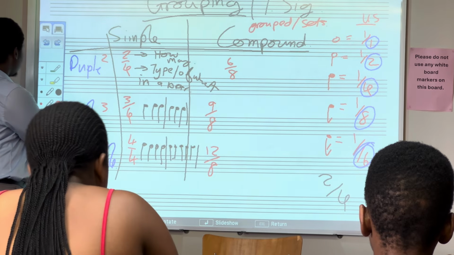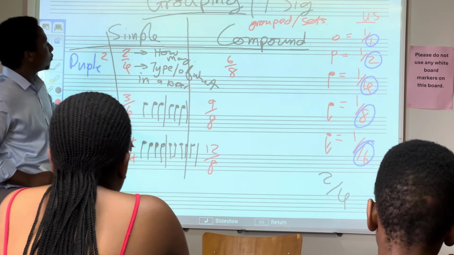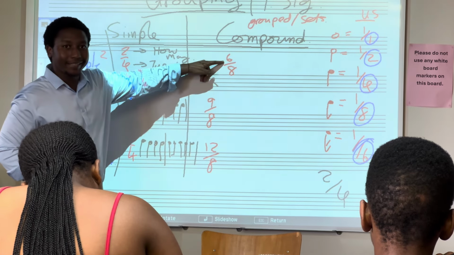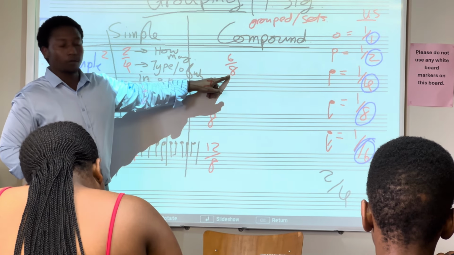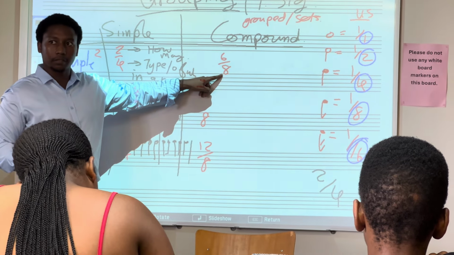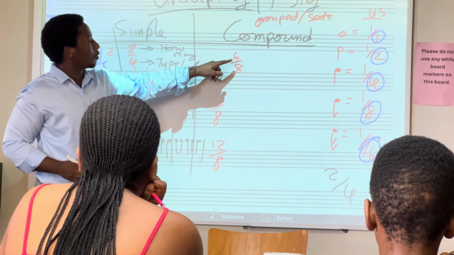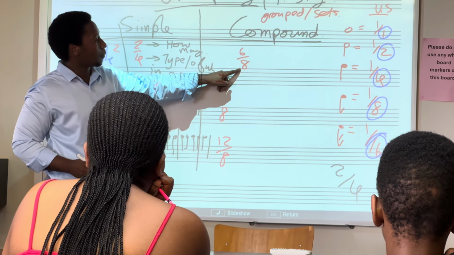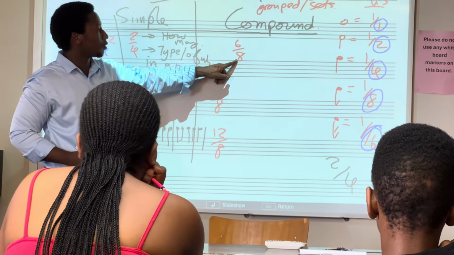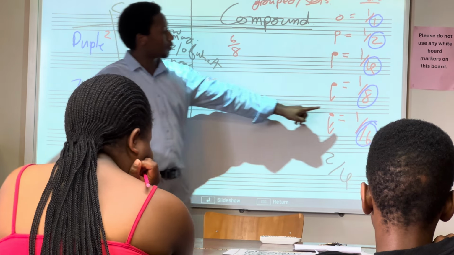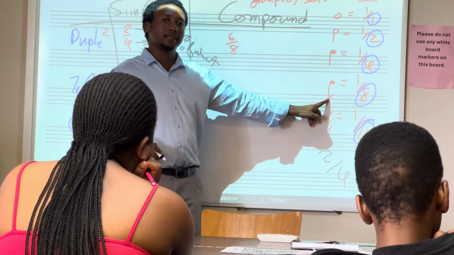What this means is, how many is the top value? You have 6 of what notes? Quavers, 8th notes. How many? What type of note? You have 6 8th notes. These types of notes.